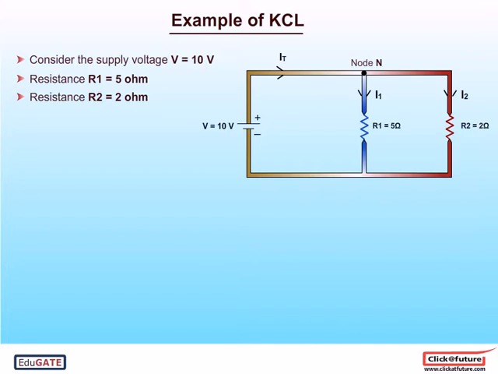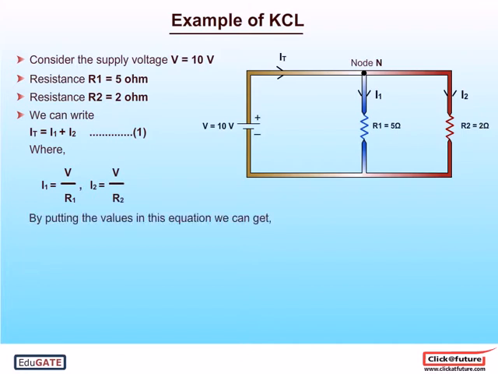So we can say that total current IT is equal to I1 plus I2. Name it as equation 1, where I1 is equal to V divided by R1, I2 is equal to V divided by R2.